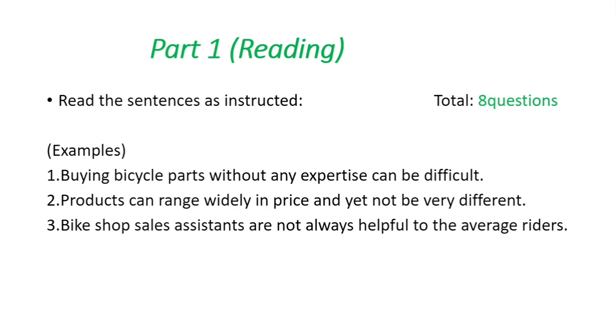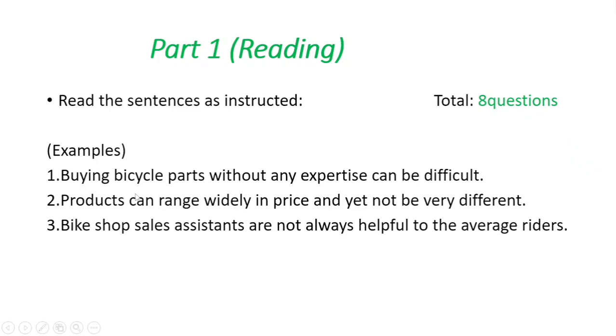Now let us discuss the first part, which is the reading section. In this section you will get 8 questions, and you have to read the sentences as you are told by the automated software. First you will see sentences on the screen. Then you will have to read: buying bicycle parts without any expertise can be difficult.